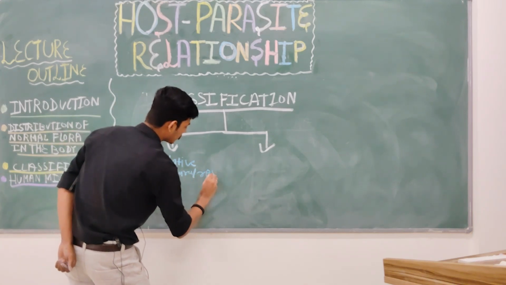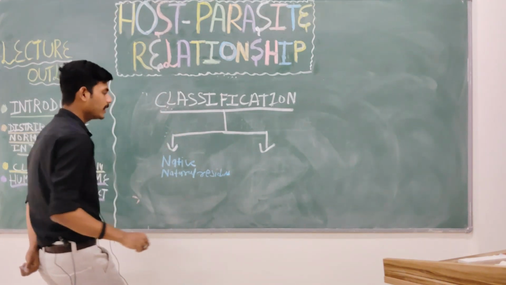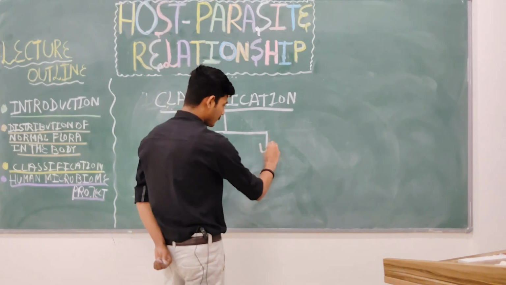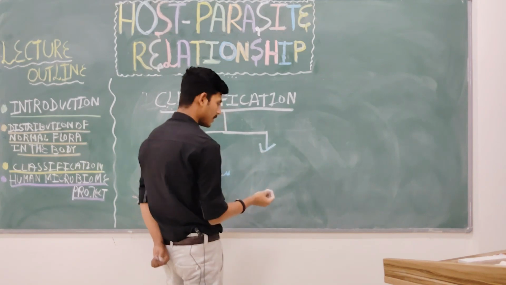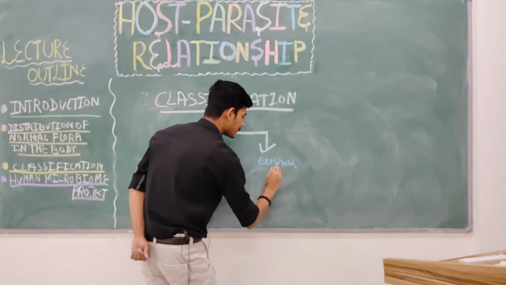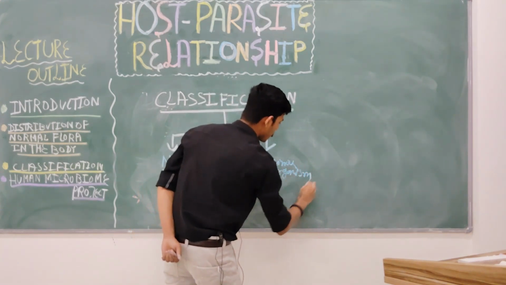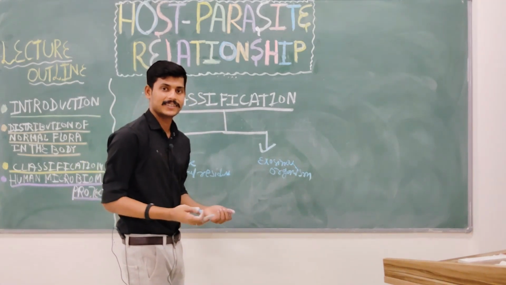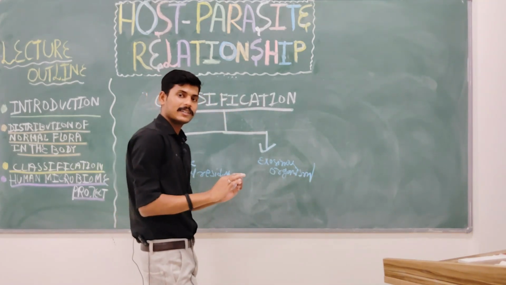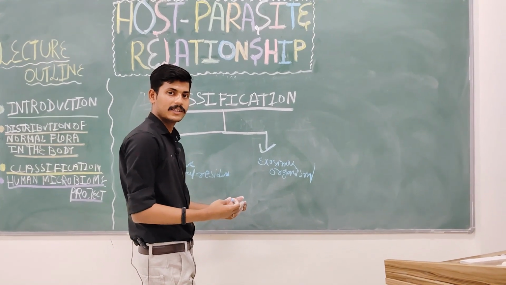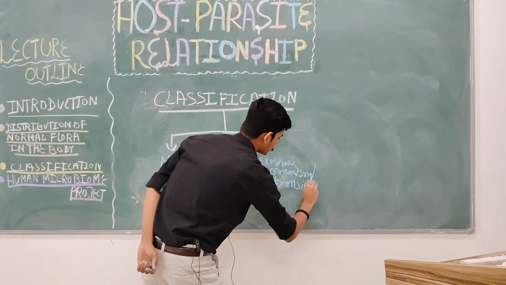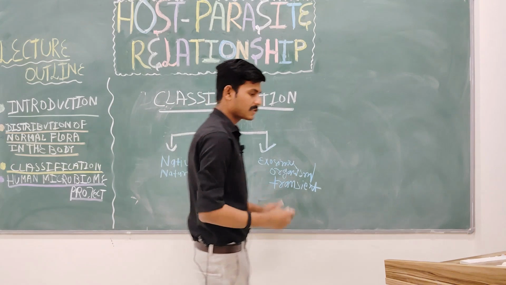The other category is organisms which are not native; they are exogenous organisms, and they are transient. Transient means they can be replaced. So they are called transient.